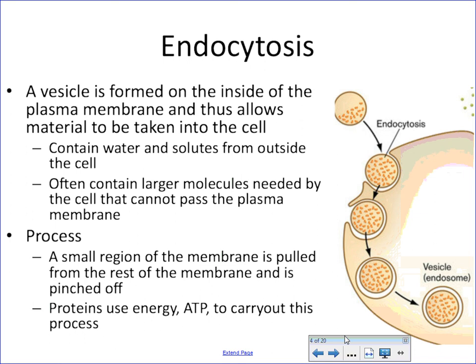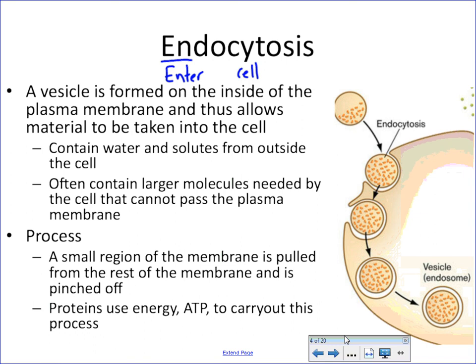In endocytosis, you can think of this as a substance entering a cell. In that process, a substance is going to be too big to actually pass through the membrane, so the cell will reshape its membrane to bring that substance into the cell itself.